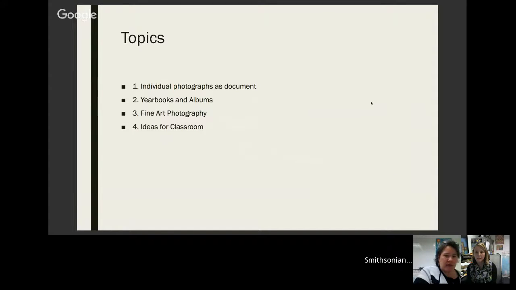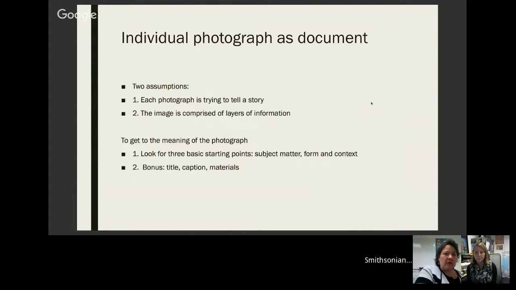About historical documents, I'd like to hold in our minds 2 concepts and 2 assumptions. Whatever we're looking at, let's assume that every photograph is going to tell a story. If we're looking at what the photographer is trying to convey to us, rather than an art historical message, perhaps we can figure out what we need to know from the photograph. The second is that the image is comprised of layers, so there are multiple answers and multiple ways to enter into the photograph.